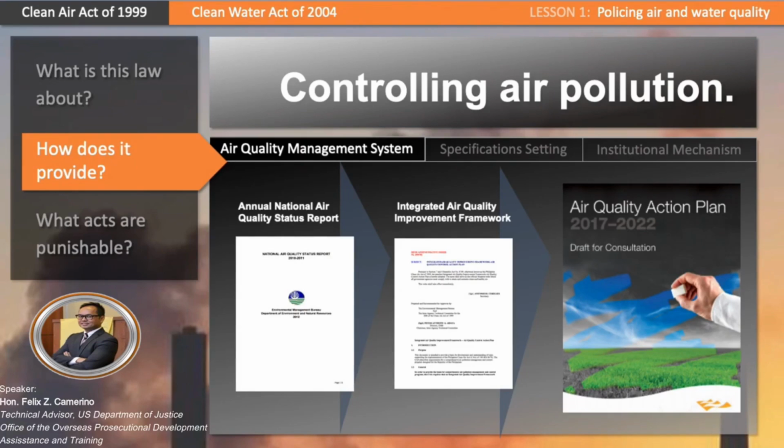That framework is something that just doesn't happen either. It's based on something else. And this something else is a status report that's done at the national level, so it encompasses the entire country, okay? It's a national air quality status report conducted by the DENR every year.